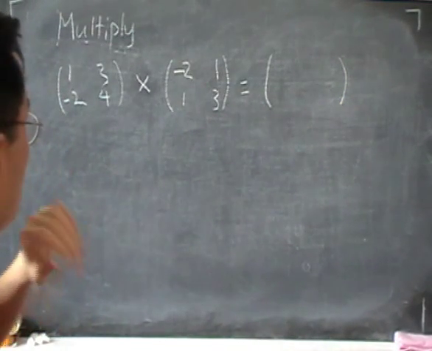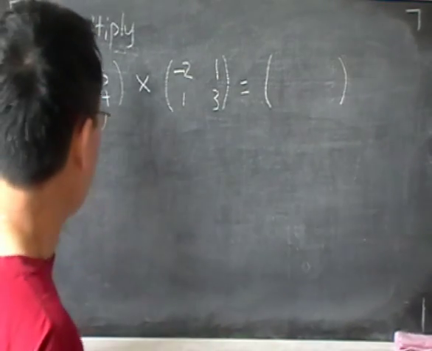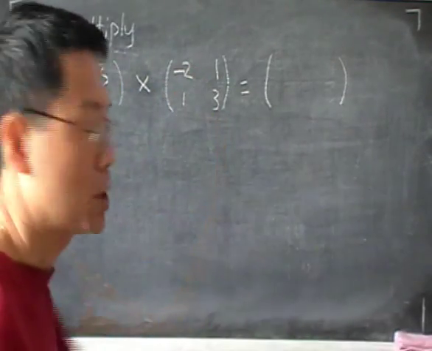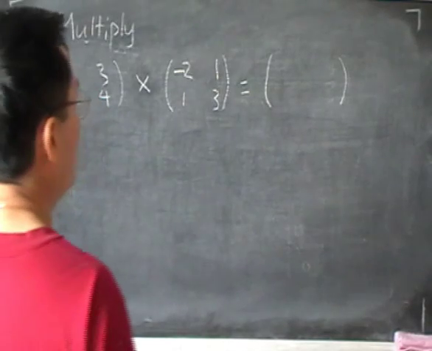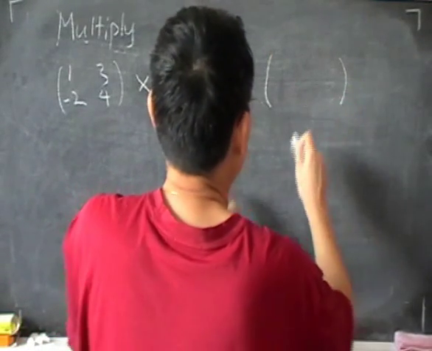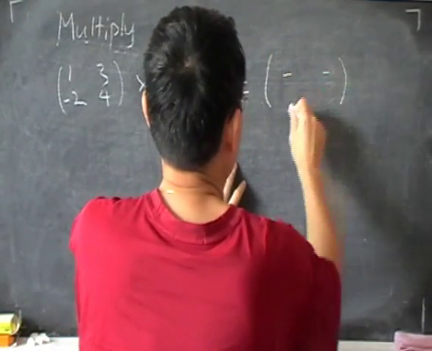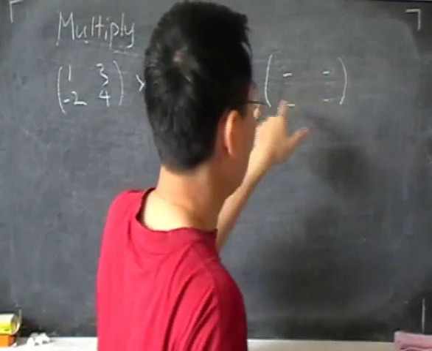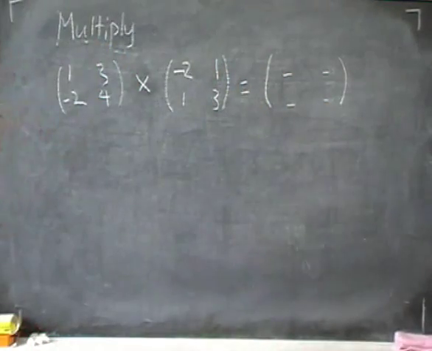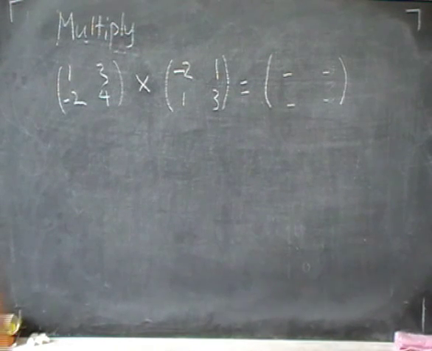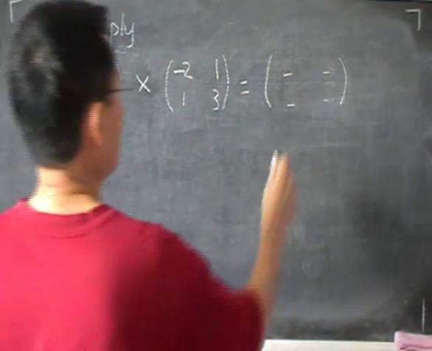Now first of all, we would expect that if we multiply a 2 by 2 matrix by a 2 by 2 matrix, we would end up with a 2 by 2 matrix as well. So I would expect to get 4 numbers in the answer. Okay, now how do I get the first answer?